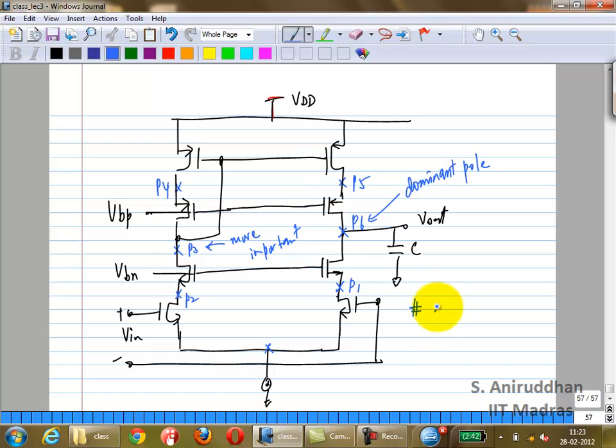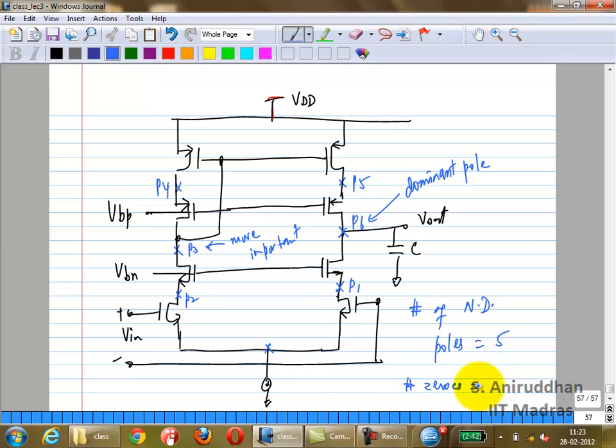So I'll say the number of non-dominant poles is 5, P1 to P5. Is that right? How many zeros do you have? 3?